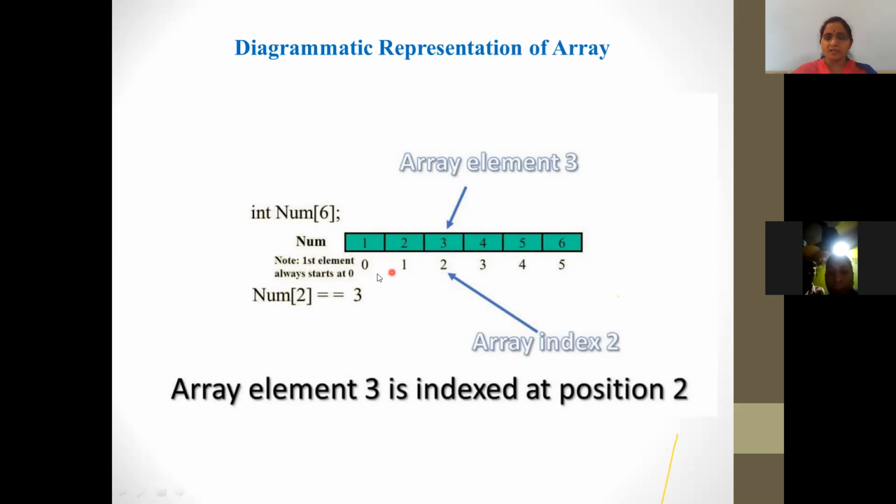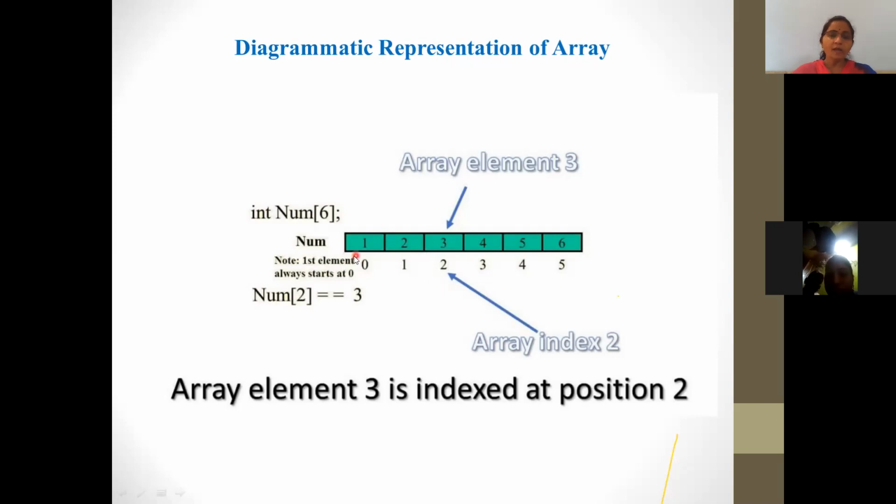For referring to array elements, you have to use the indexes, not the actual elements. The 1 2 3 4 5 6 in blue are the actual values, called the array elements, and just below the diagram 0, 1, 2, 3, 4, 5 are called the indexes.